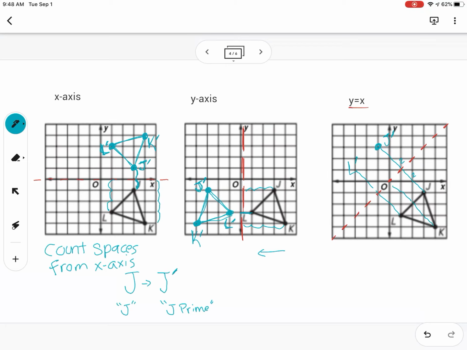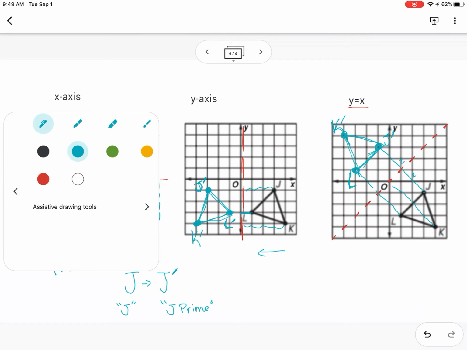And K is 1, 2, 3, 4, so 1, 2, 3, 4 for K. We've got our new triangle here. I think I put my L in the wrong place. L was supposed to be, okay, that's better.